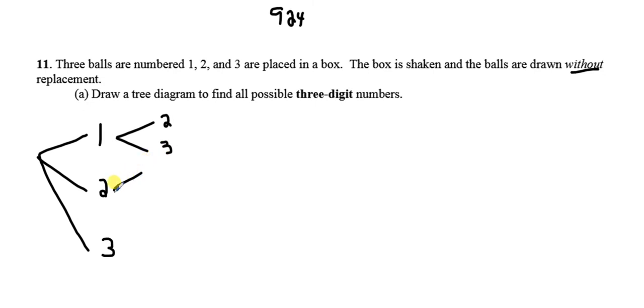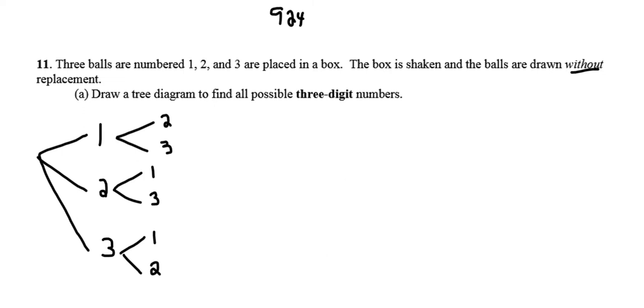And if you drew a 2, you could get a 1 or a 3. And if you drew a 3, you could get a 1 or a 2. Now if it said with replacement, like in other words you drew the 1 out and you threw the 1 back in there, then after the 1 there would be a 1, 2, and a 3.